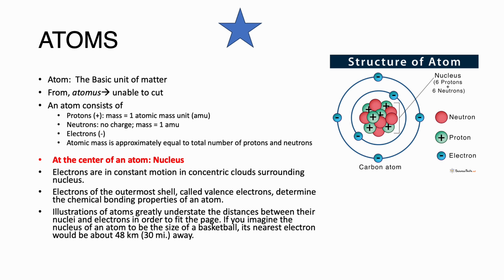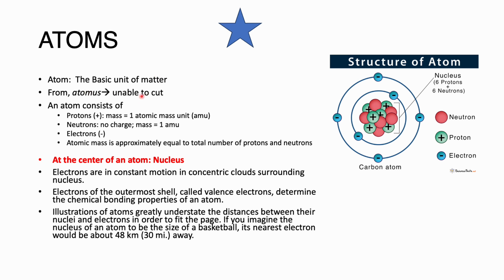Atoms. From the hierarchy of complexity from chapter 1, you learned how we went from organism to organ system to organs to tissues to cells to macromolecules, molecules, all the way down to our atoms. An atom is the basic unit of matter. It comes from the word atomos, which means unable to cut.